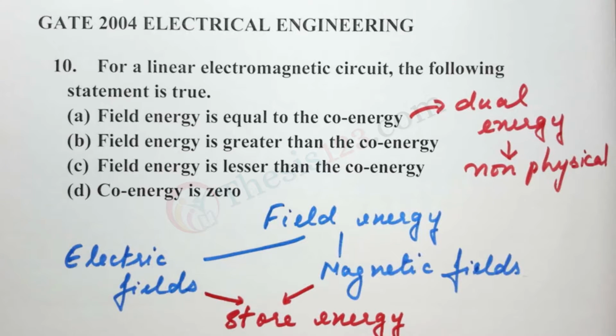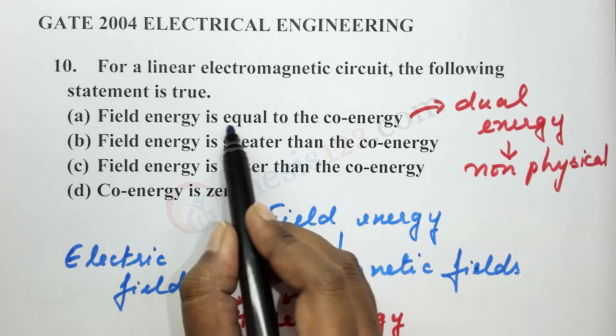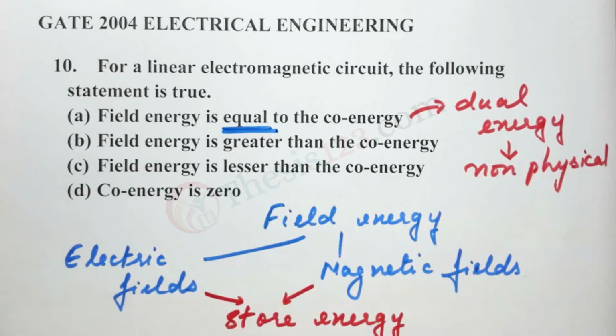Conservation of energy depends on the fact that both field energy and core energy are absolutely equal. There has to be a balance in the entire circuit, in the system and in the equations. That's the essence of the entire thing. So here, the field energy has to be equal to the core energy because of conservation of energy.